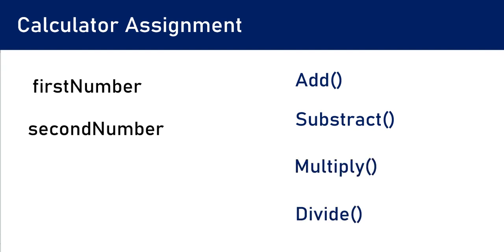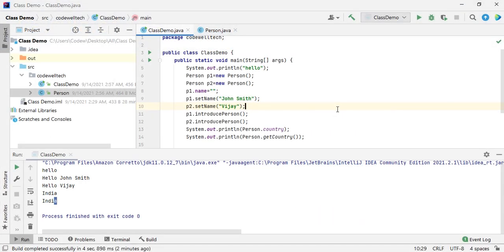And when you call the add method, you should print the sum of the first number and second number, and same way when you call the multiplication, you should print the multiplication of these first number, second number. Like that you implement all the methods and post your code in the comment section.